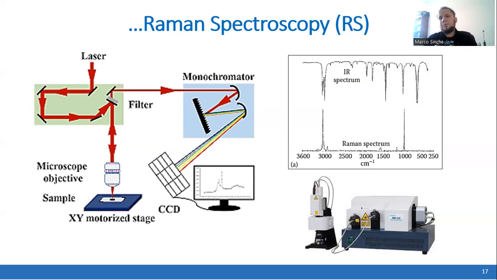Commonly, the Raman spectrum is complemented by the infrared spectrum because some molecules emit one of these types of spectrum and not the other, or it could be both. So it's easier to identify some materials with the combination of these two techniques.